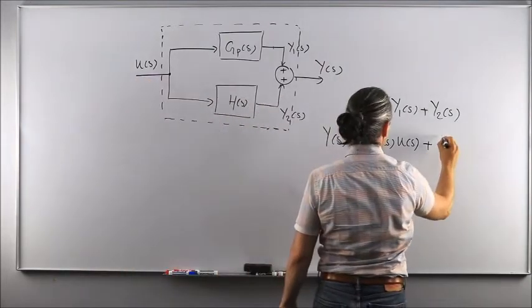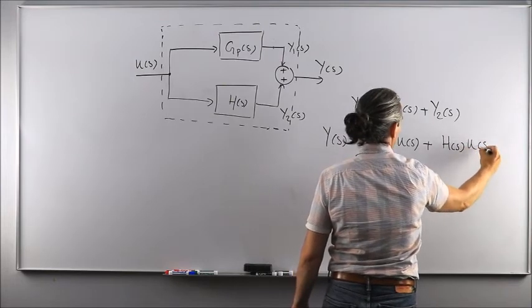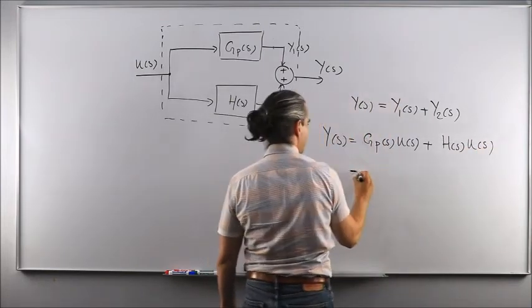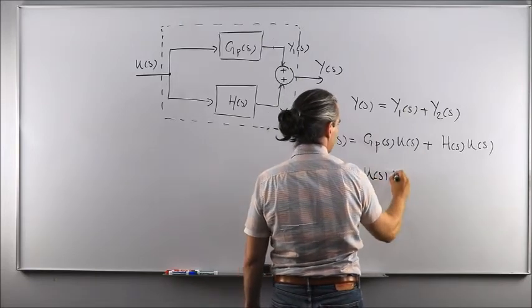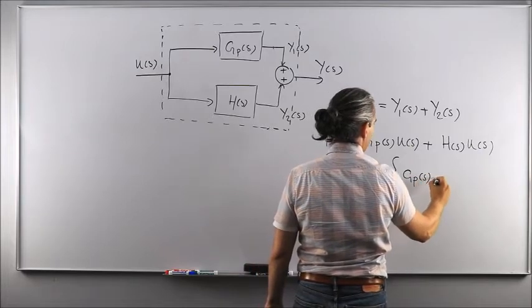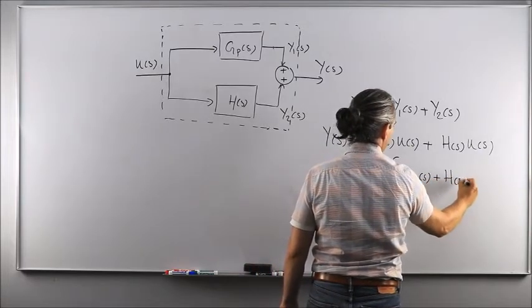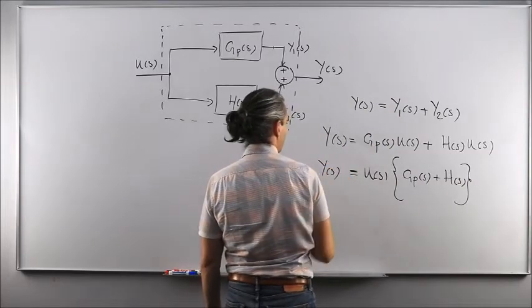Well, simply through H of S times U of S. And you can obviously factor the U of S signal out of these two terms and write GP of S plus H of S, like this, will give you Y of S.